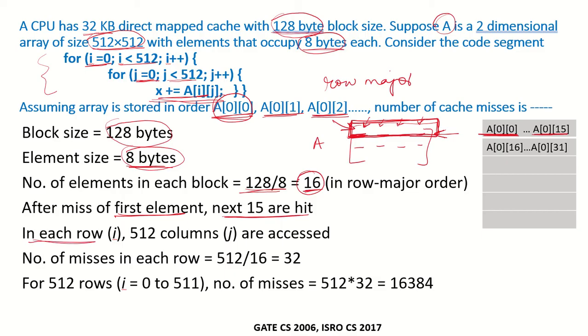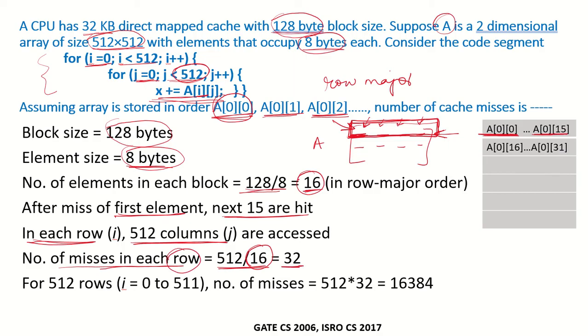Now in each row, how many misses will there be? In each row there are 512 columns, and after every 16 elements there is a miss. So the number of misses in each row would be 512 divided by 16, which gives us 32 misses in one row.